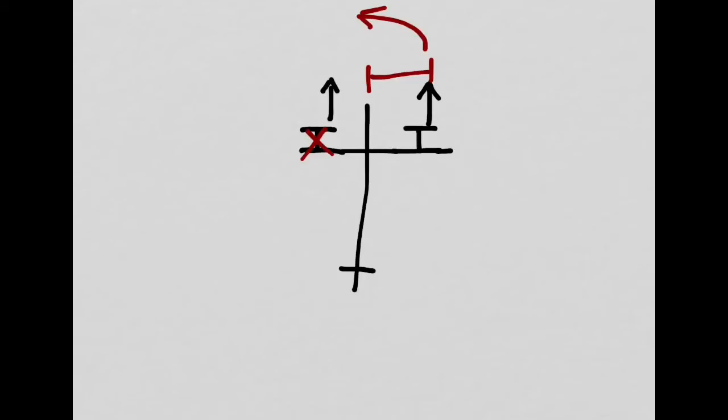So the thrust from the right engine wants to produce a lot more yaw to the left than the left engine would produce yaw to the right. And because the right engine produces more yaw than the left engine would, that means the left engine is critical. So in this case, if we lost the left engine, we would lose more directional control than if we would lose the right engine.